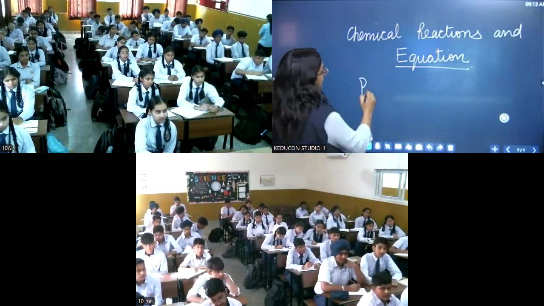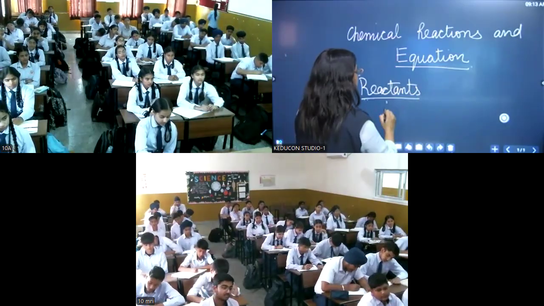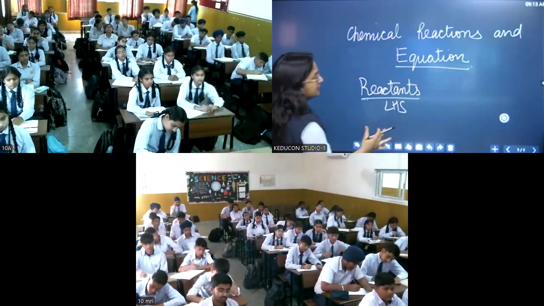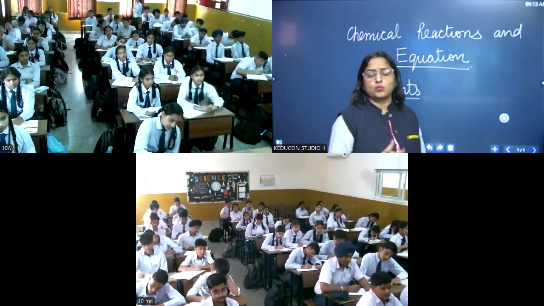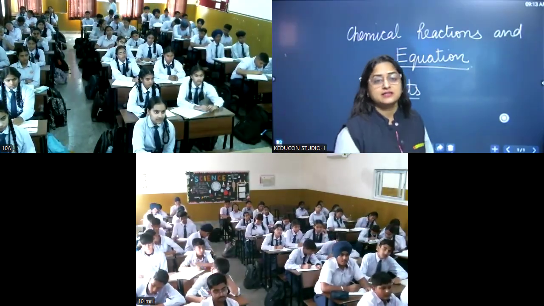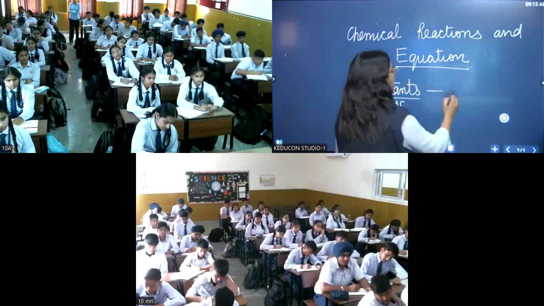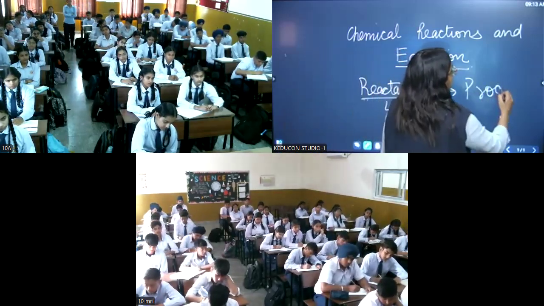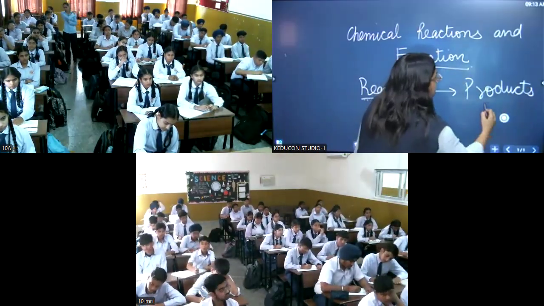We have reactants, which we write on the left hand side, and they react with each other. They may be one or more than one, but generally a reaction carries two reactants or more, and they combine to form products on the right hand side.